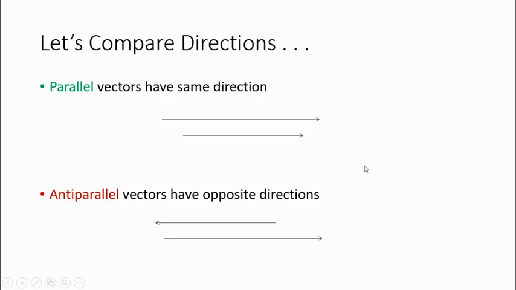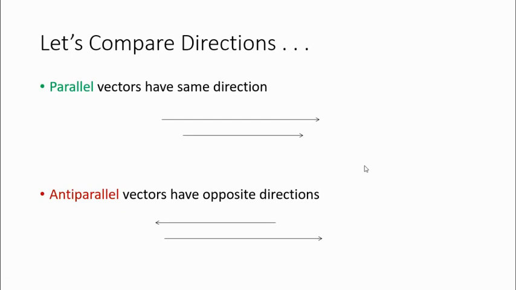If they are extended, they may eventually meet somewhere out here because they're getting closer and closer together. So they will eventually meet. Hence, they are not parallel. Parallel lines never meet. So parallel vectors have the same direction.